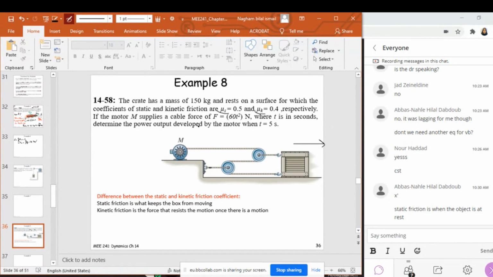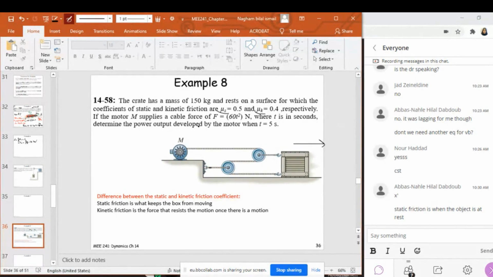Because in the first duration, the force of this motor is trying to overcome the static friction. At a certain time t, this static friction is overcome, and then the motion starts. All right, guys? So I need to exceed this static friction. Whenever this static friction is exceeded, then the motion will start.